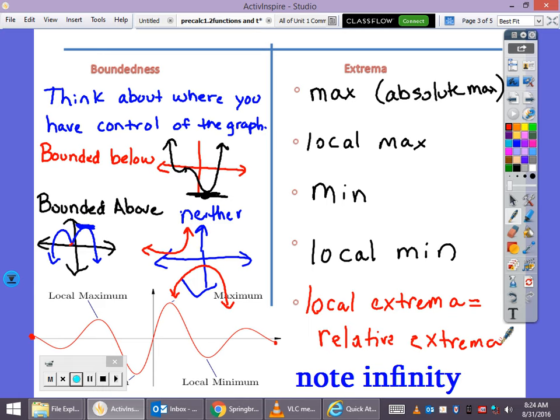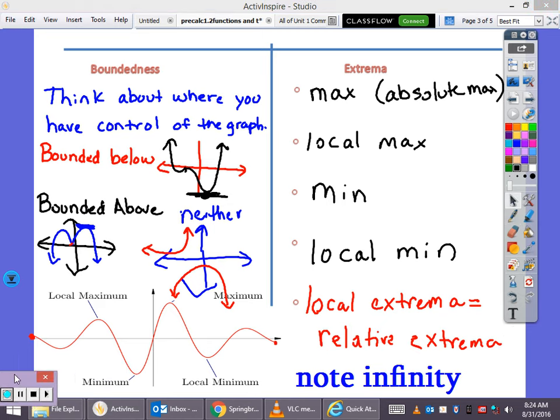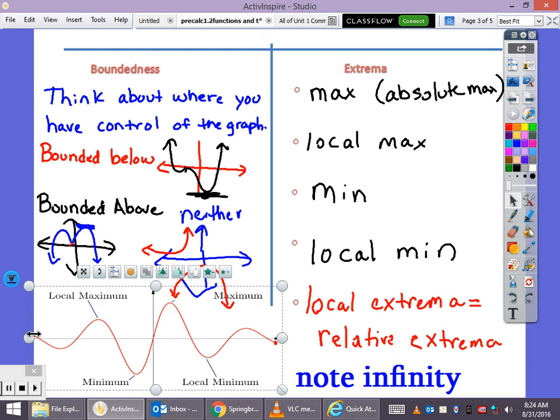Okay. And if you want, let me move this for a second. Right here is an image. This one has all of them because it doesn't go to infinity. It has a definite endpoint. You can see that this is a local max because it's a high point on the graph, but it's not the highest point.